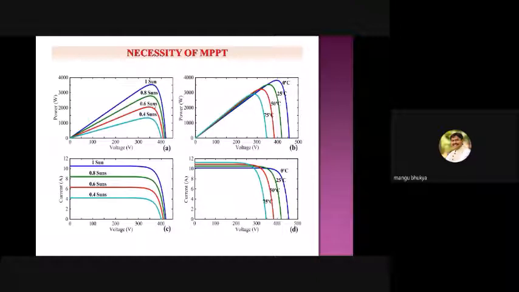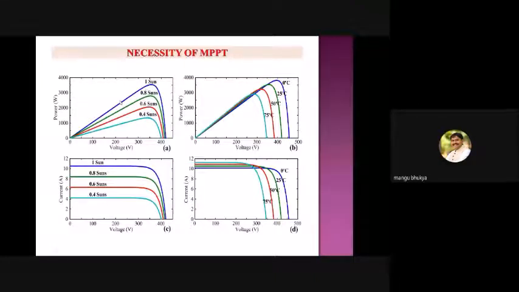If you see from morning to evening, the radiation at 9 a.m. is less, and in the afternoon we get the maximum radiation. Again, in the evening, the amount of radiation falling on the panel decreases.